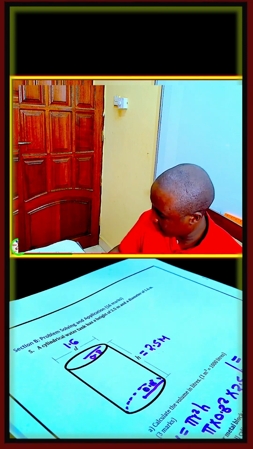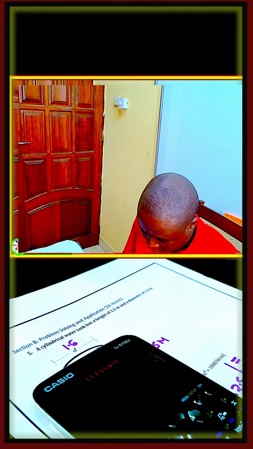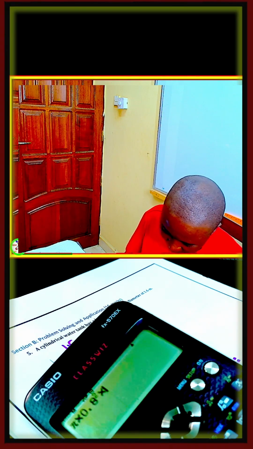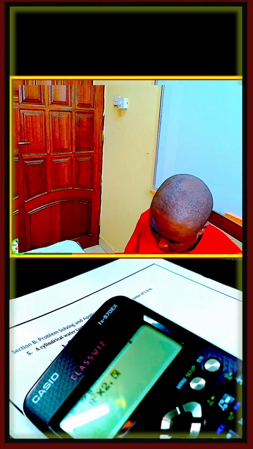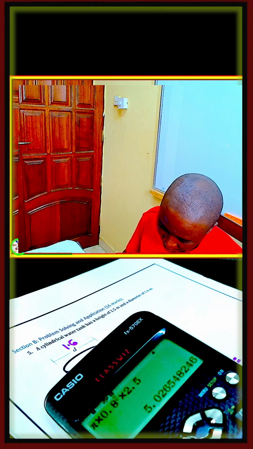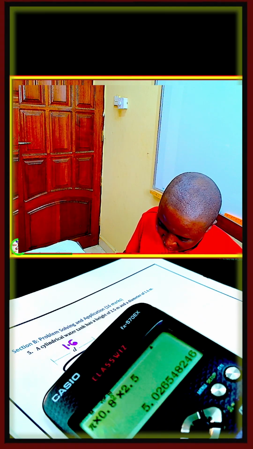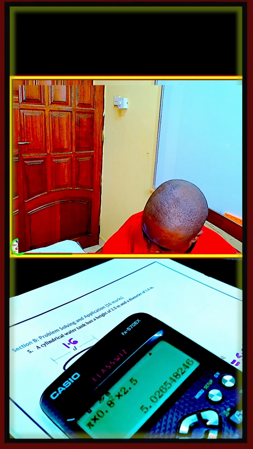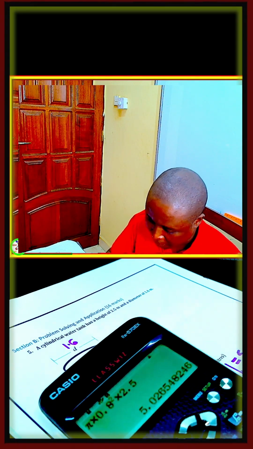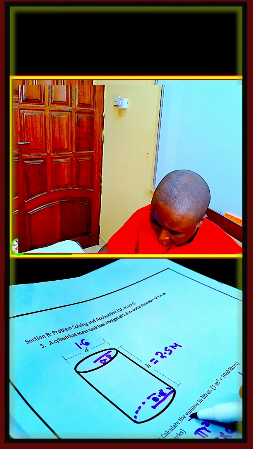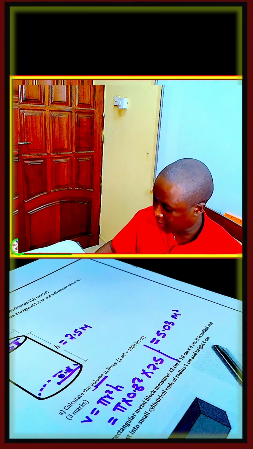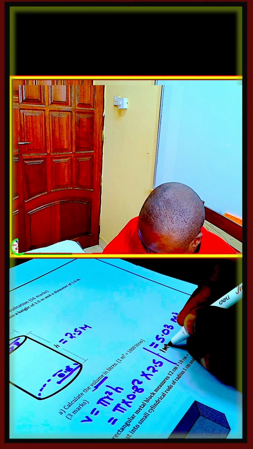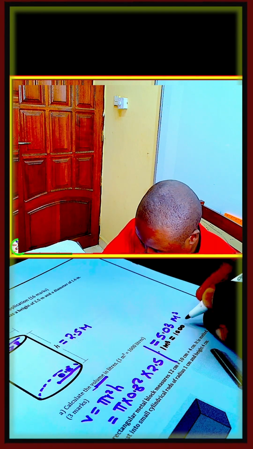If you work it out, you are going to get your answer as 5.03 meter cubic. But we are supposed to give the volume in liters, so we can say 1 meter cubic is equal to 1000 liters.